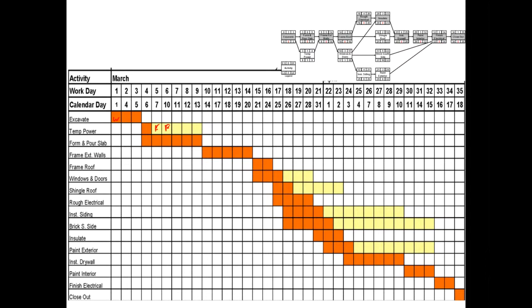So if we take, for instance, any at random, for instance, framing the exterior wall, right? This is an activity which has zero float, and you can see here there are no yellow bars, and this is a 5-day activity which is taking place strictly in this time.